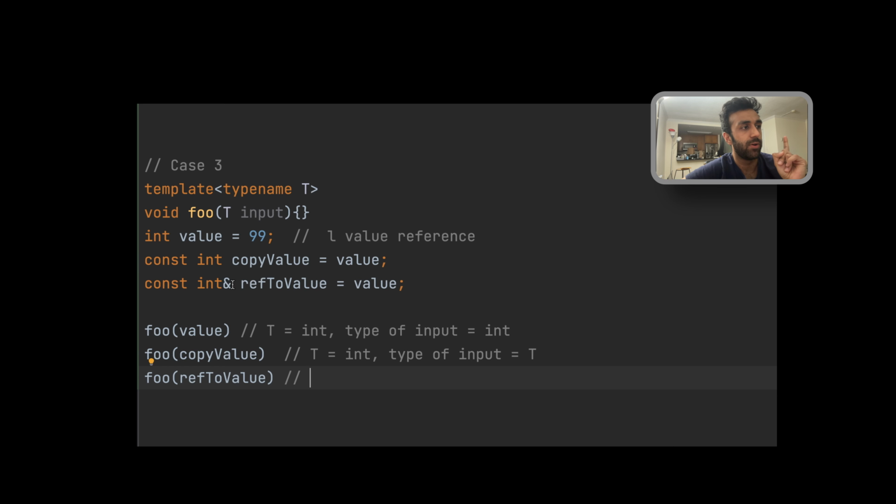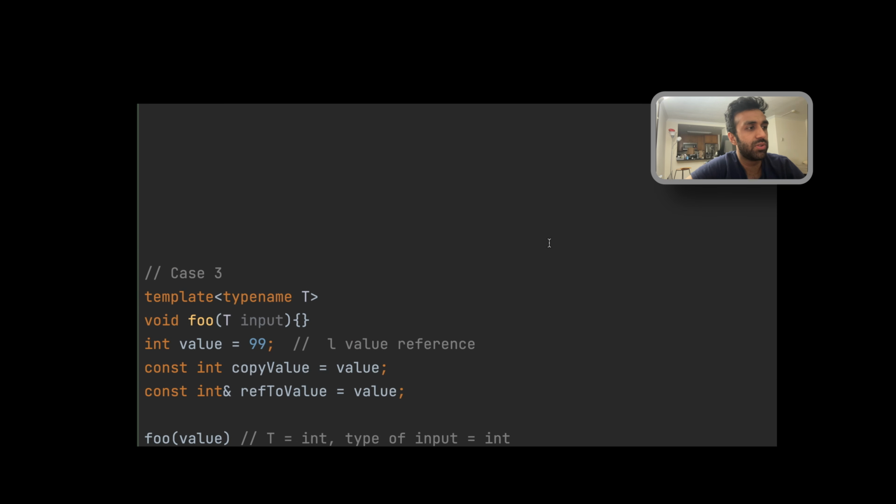Whenever we have a const ref or ref for that case, ref always gets dropped in this T. So this T will, let's say now, drop the ref and it has const int now. It has constant now, but we just discussed whenever we have T by copy, not by reference, we also drop the const. So here also T will be int and type of input will again be T. Okay.